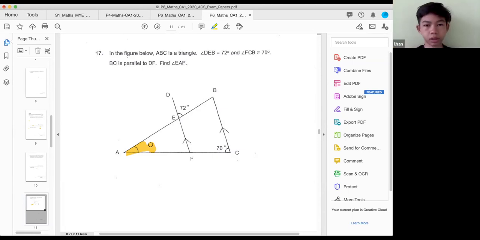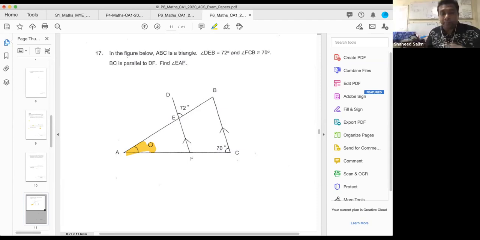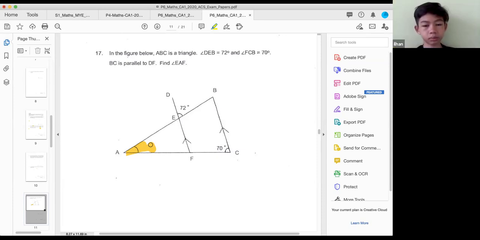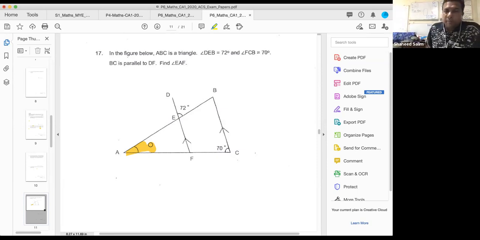Is the answer 98? Hold on. It doesn't look 98, but let me check. It can't be 98 because it's less than 90. It doesn't look 90.